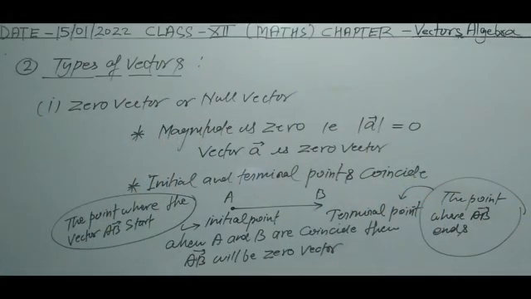Now see, the distance between the initial and terminal points of a vector is the length of the vector. So what can we write about AB?